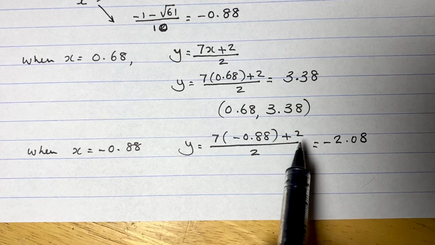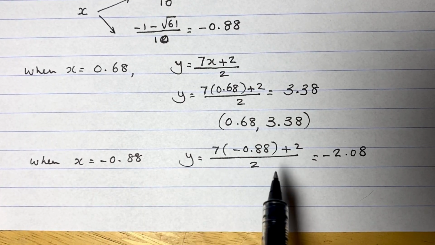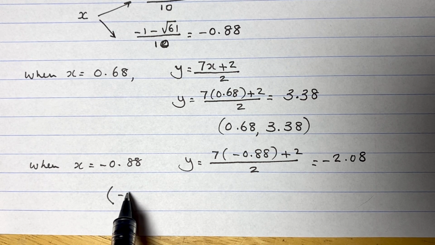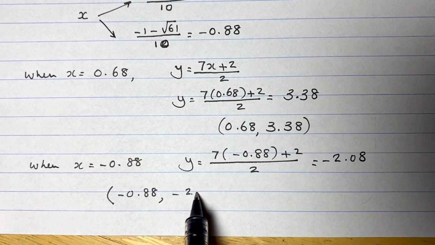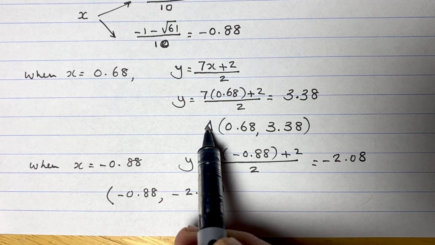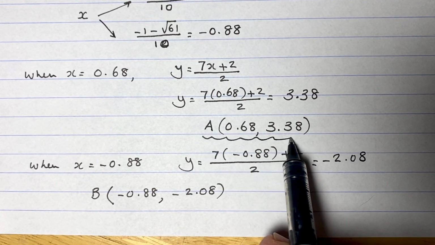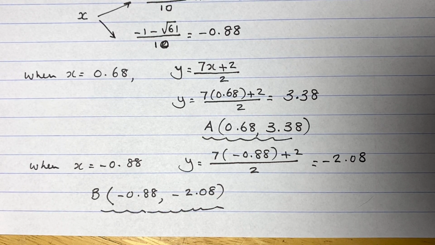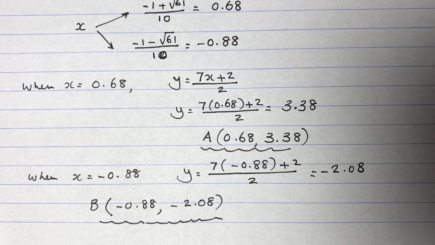So these two make a pair as my second point where the line and the curve meet. So we can call this point A and point B. These are the answers to solving that pair of simultaneous equations, one linear and one non-linear.